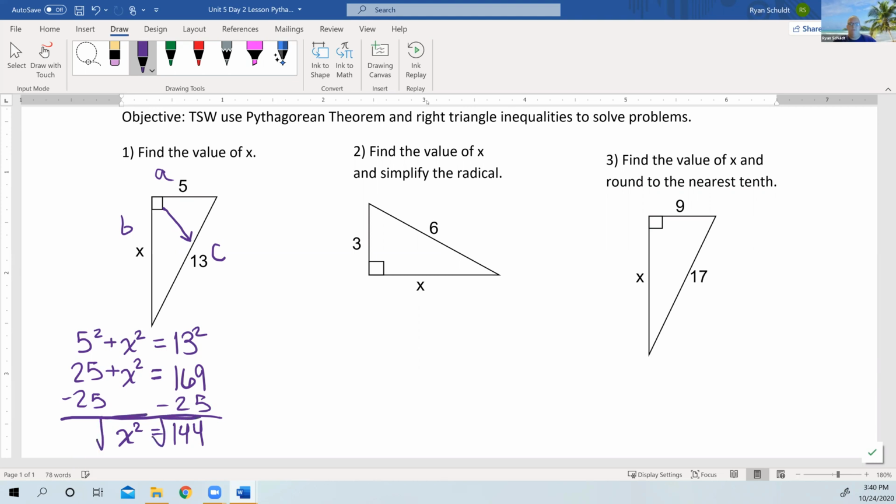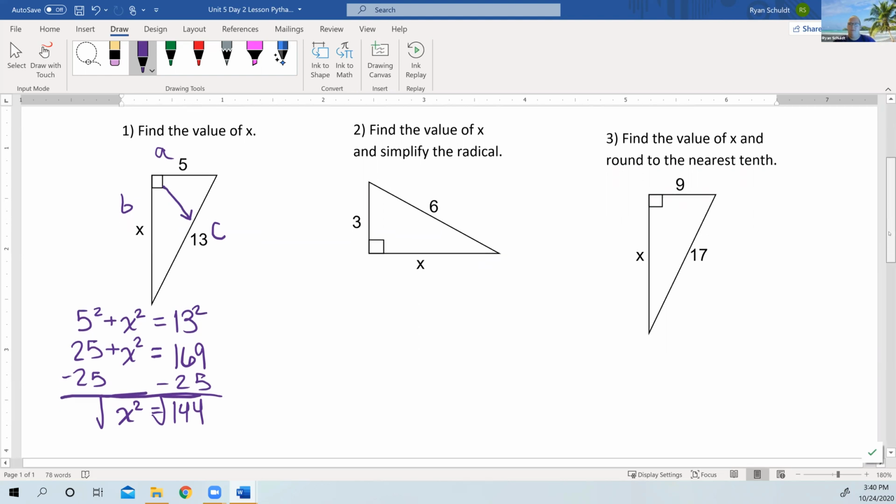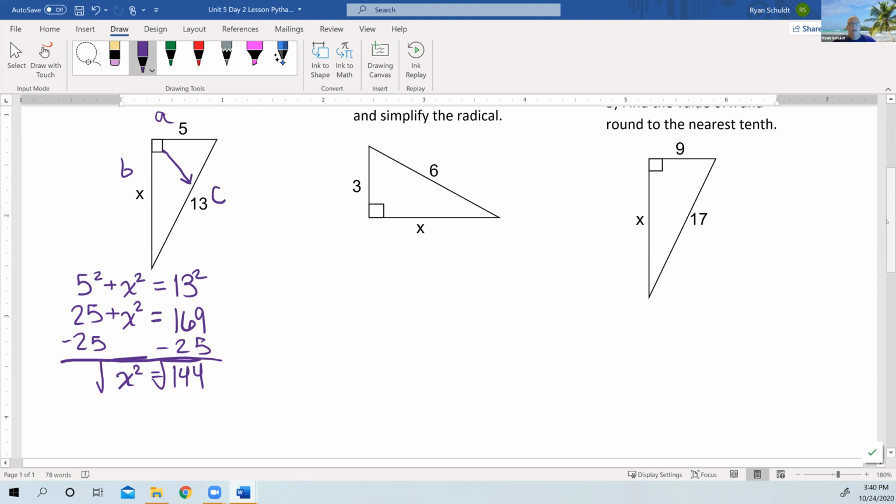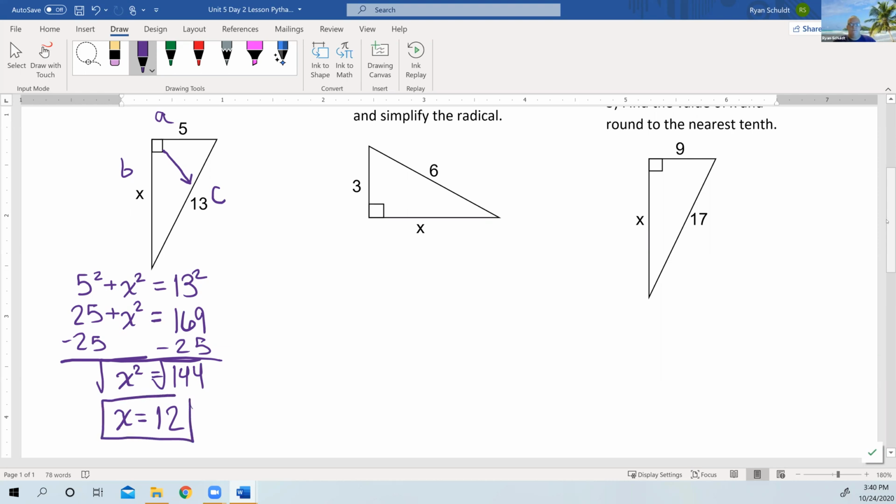Take the square root. And that'll get you x equals, well, the square root of 144 is 12. So in our case, x is 12.